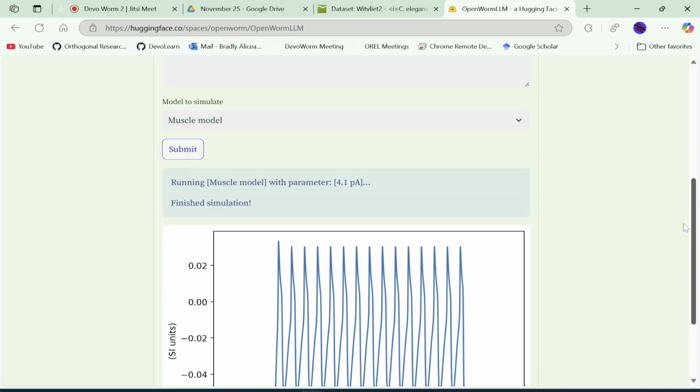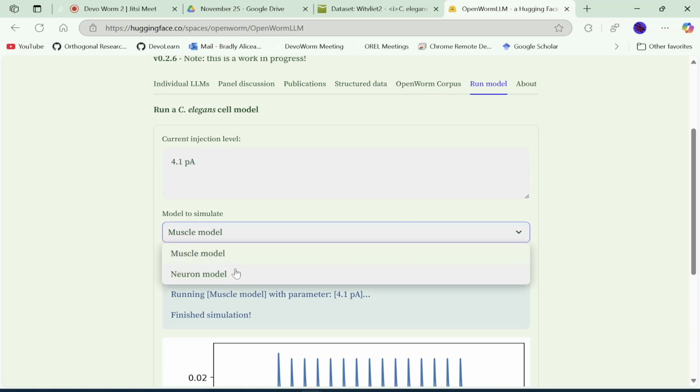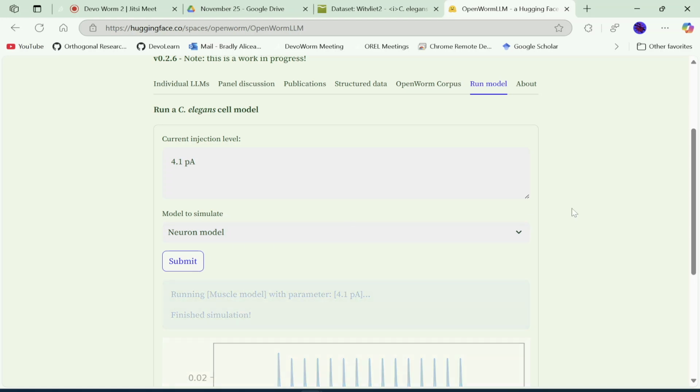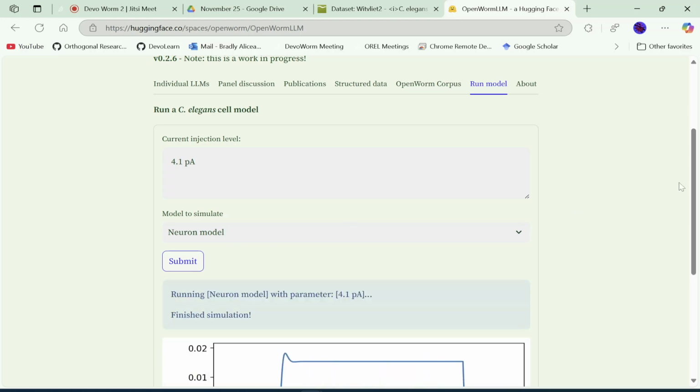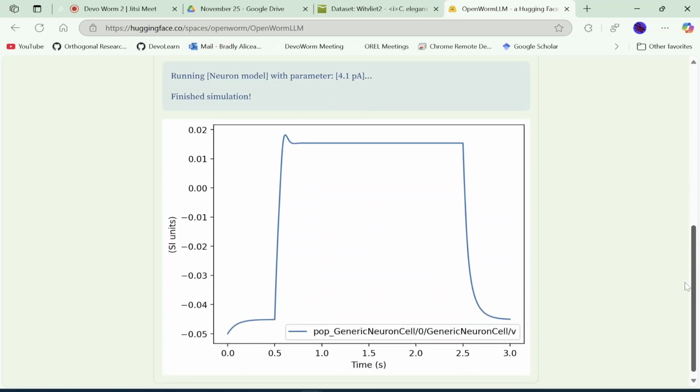I don't know what the injection is, but this is injecting something into the muscle. There's a neuron model where you have an injection level as well. You can run the neuron model. So it's running their models, and it's giving you electrical activity in SI units over time.